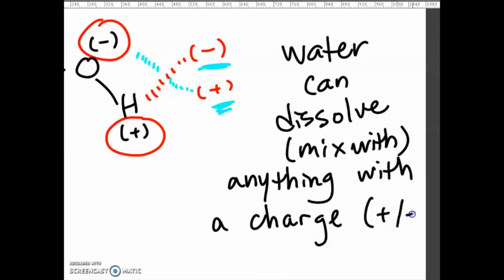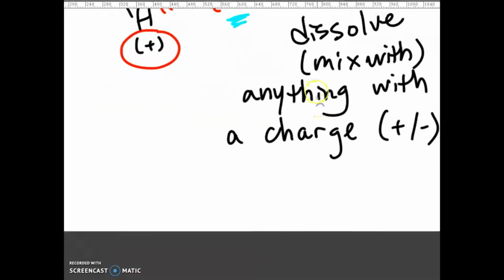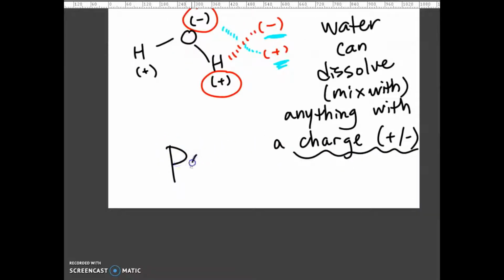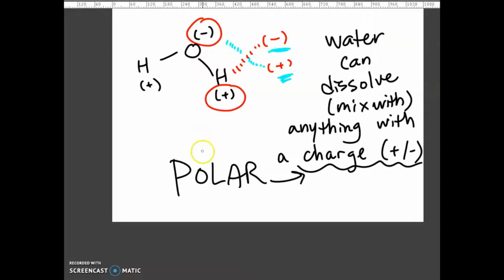So that is your positives and negatives. And sometimes we will call this, just like we call water, polar. So this is going to be a key thing, because anything that is polar will stick to any other thing that is polar. So anything with a charge, a plus or minus, can stick to any other thing with a charge, a plus or minus.